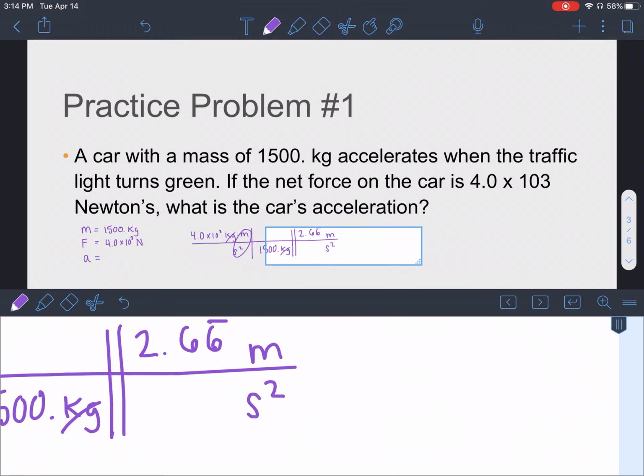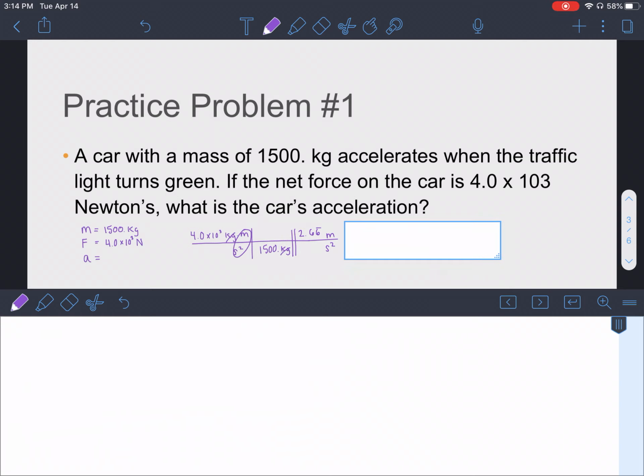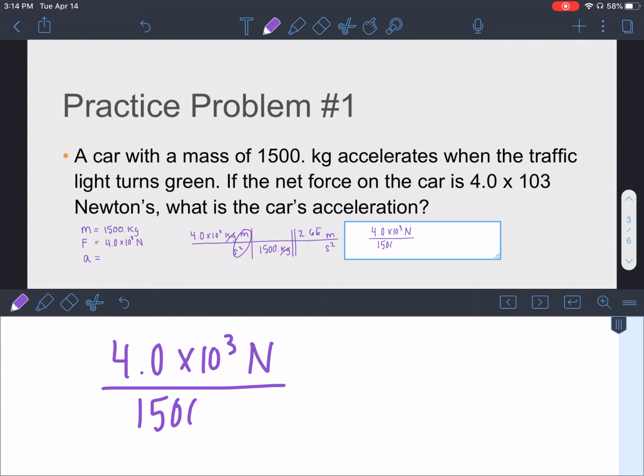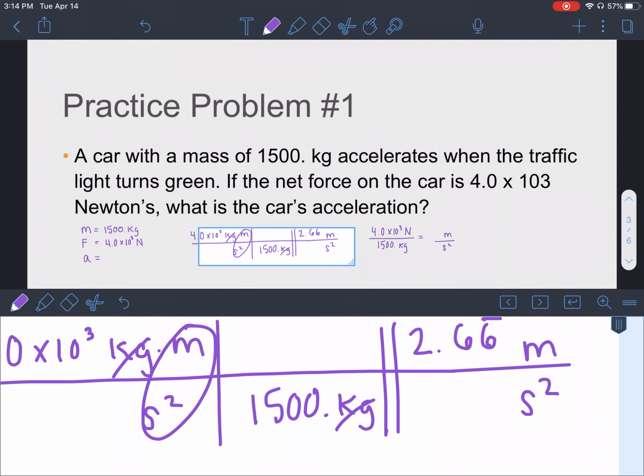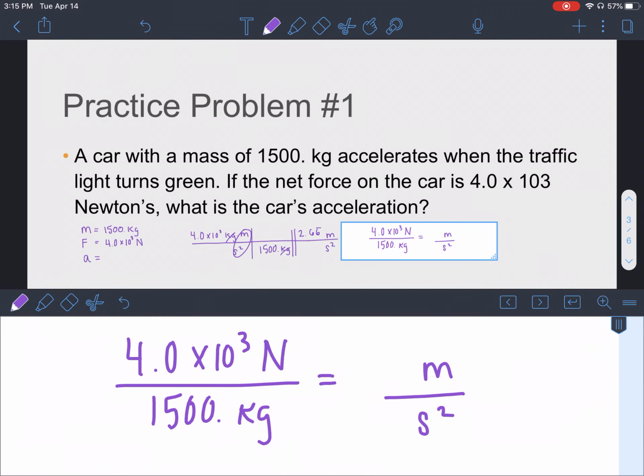And how you would do this with the formula, very similar. 4.0 times 10 to the third newtons divided by 1,500 kilograms. It just looks a little odd when you're dividing an N by a kg that you all of a sudden get meters per second squared, but the reason how that works out is shown with the dimensional analysis.